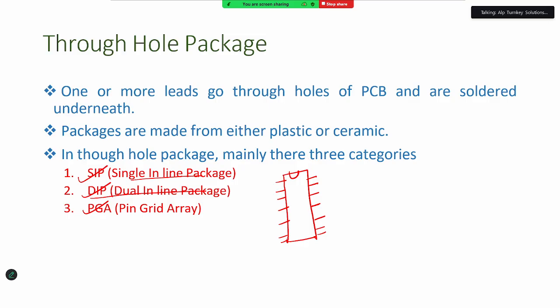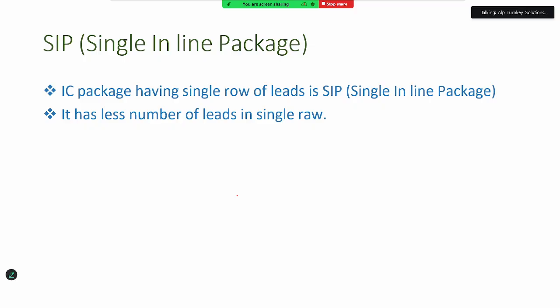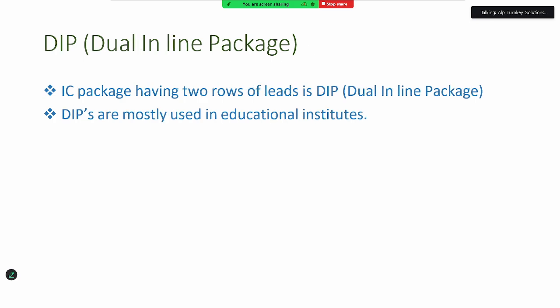And pin grid means a grid type arrangement of pins. A single line package has a single row of leads, SIP, with fewer leads. Dual inline package means there are two rows, as I told you. DIPs are mostly used in educational institutions.